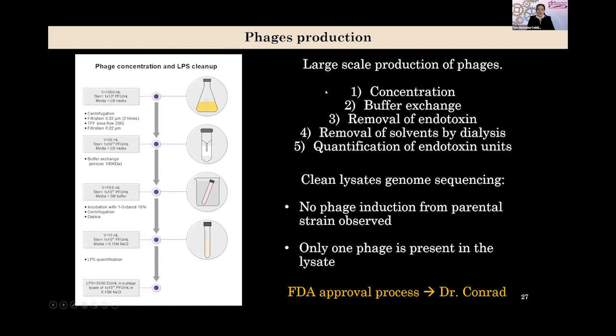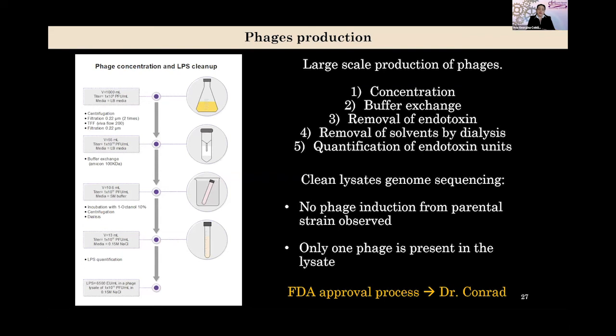And then we concentrate all this phage lysate. We put the phage, the bacteria, let them grow. We concentrate them. Then we do a buffer exchange. And then comes an important step: when you are producing phages, you are lysing the bacteria, so all the bacterial debris that is there, you need to remove it.